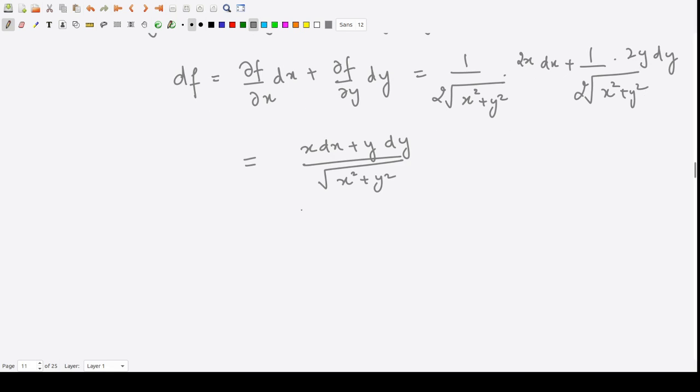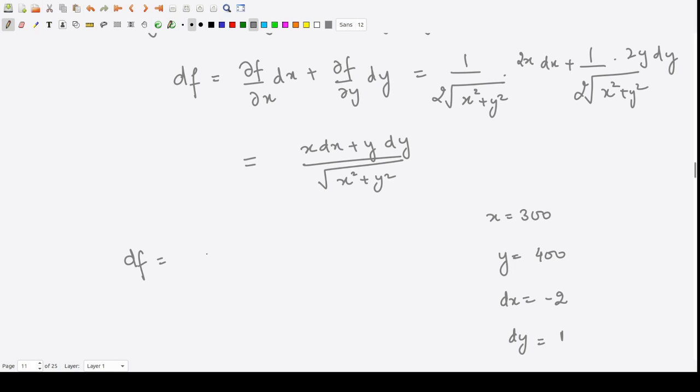Now what would be your df? Because your x is equal to 300, y is equal to 400, and your dx is equal to minus 2, and your dy is equal to 1.